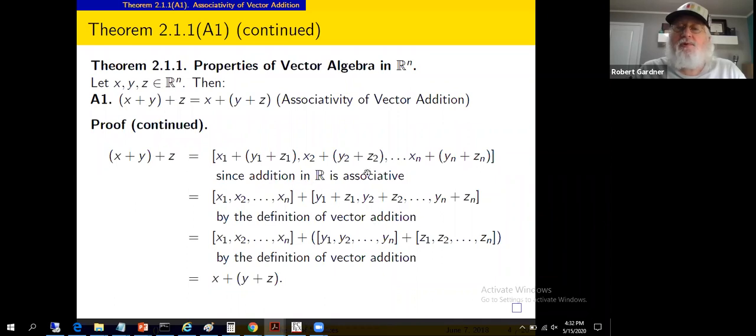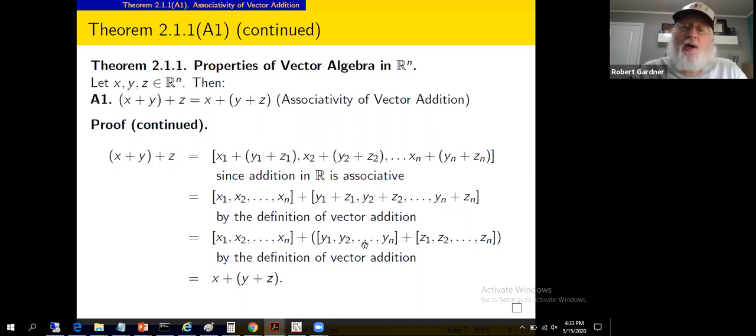Okay, so here's where we left off. What we've got then is one real number plus another real number, first real number plus a second real number throughout. We can write that as a vector sum, the very definition of vector addition. And within this, we have another vector sum.